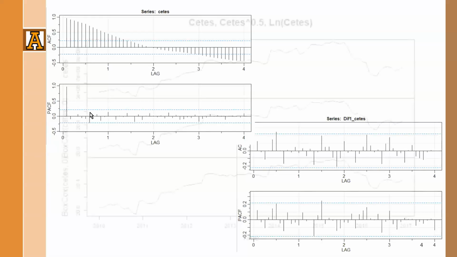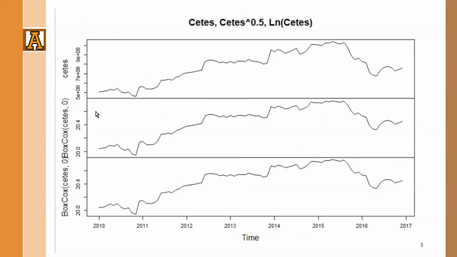One thing to notice here: that's the original series, then the series raised to the 1/2 power, and the log of the series. Visually, there doesn't seem to be a huge difference between the three. So we either work with the original series or with the log of the series.